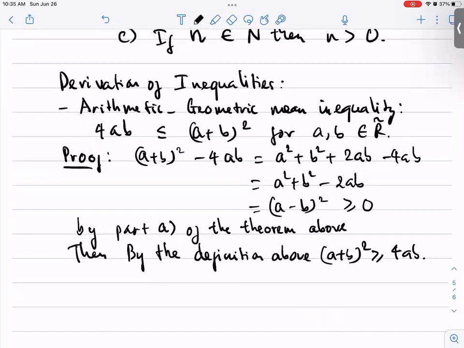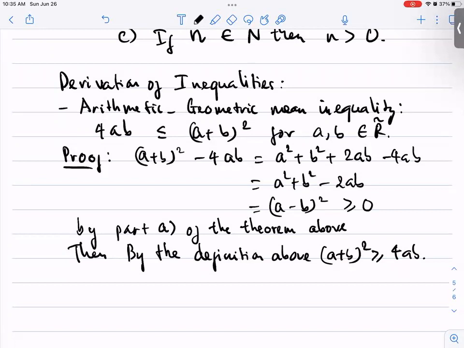A step further in the theory is that we can use the axioms along with the theorems we deduced earlier to obtain even more statements. And one line of important statements is about the derivation of inequalities.